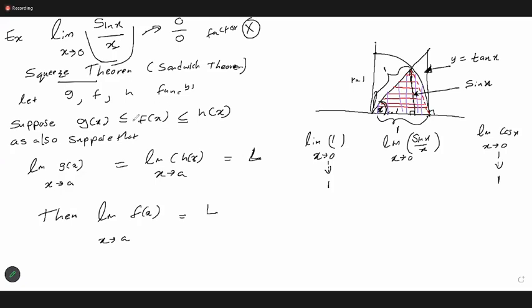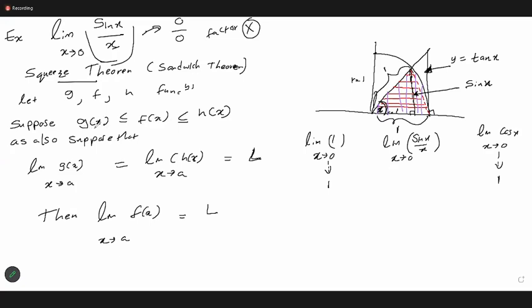We cannot find the limit of our main function directly, so what we are doing here is taking two functions. One is less than and the other one is greater than, and we just look at the limits of those functions.